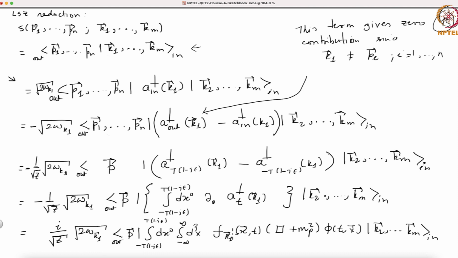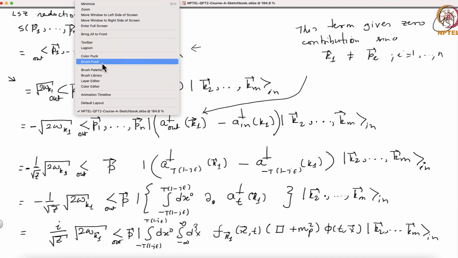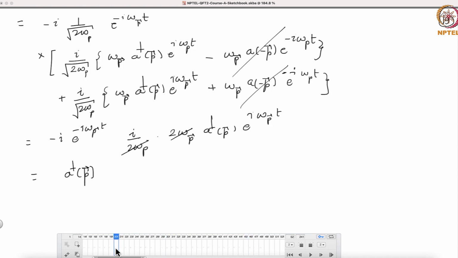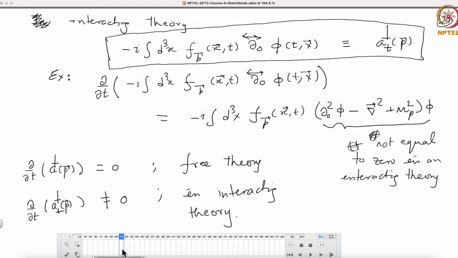So at least these two factors are going to appear. Then here in this step, you see you got a time derivative of a_t dagger, and that brings in a factor of minus i. So that cancels this, but you get a factor of i. Let me show you. Now I have numbered the pages, so I know where it is. It's on page 20 or 21. Yeah, here.